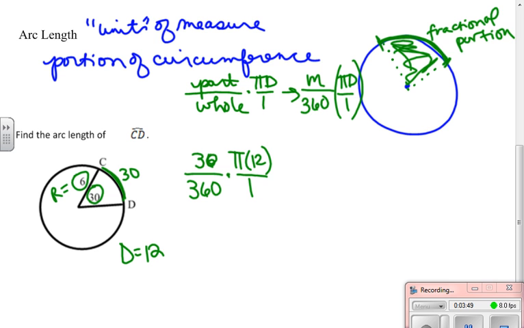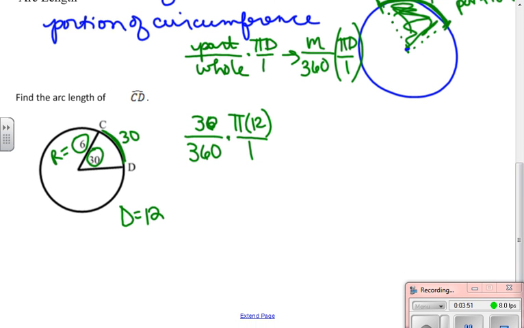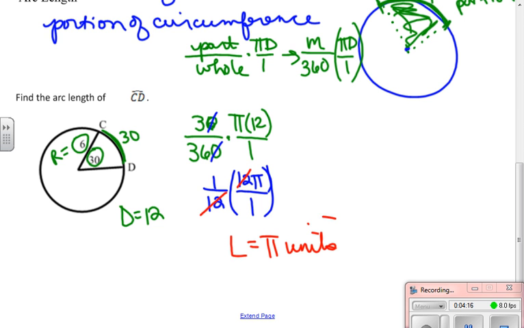So let's go ahead and just simplify our fraction first. 30 over 360 has a common factor of 10, so I can cancel that. 3 and 36 have a common factor of 3, and when I divide that out, it cancels down to 1 over 12. I have a 12 in both the numerator and denominator, and so my arc length is pi units. And again, it's very easy and totally appropriate to leave it as an exact answer.